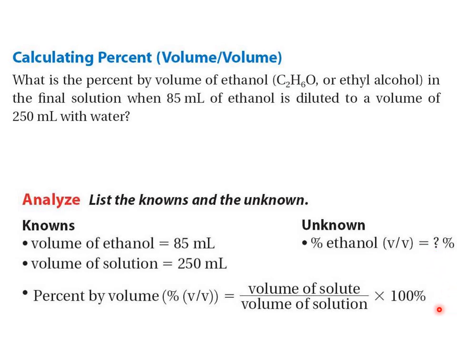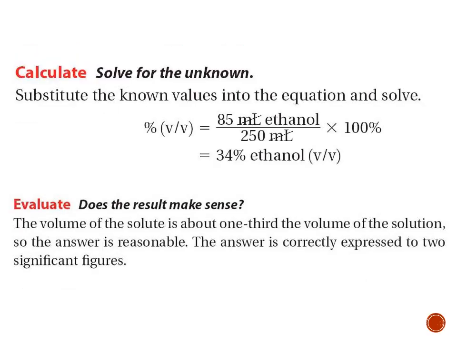So, given the formula, percent by volume would be equal to volume of solute per volume of solution times 100. So, substitute the known values into the equation and solve.